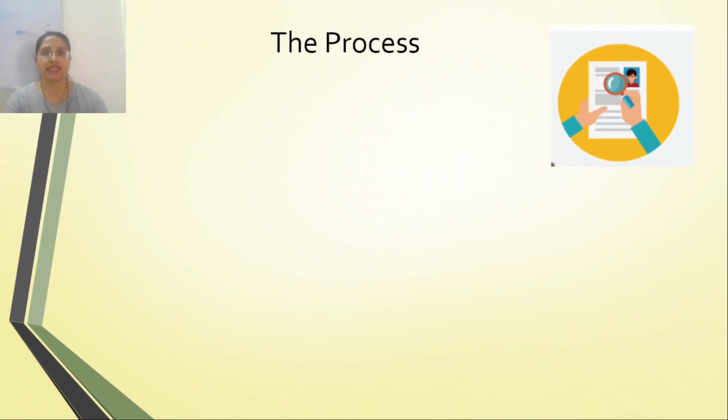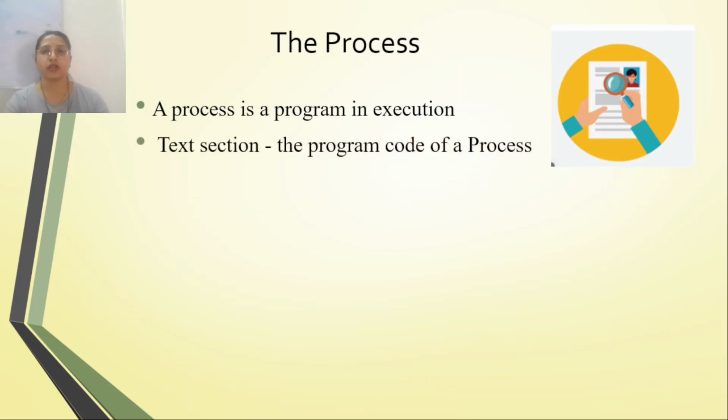A process is a program in execution. A process is an active entity and a program is a passive entity. There will be a number of applications in your laptop, but whatever you are executing, by double clicking and opening it, that becomes the process.